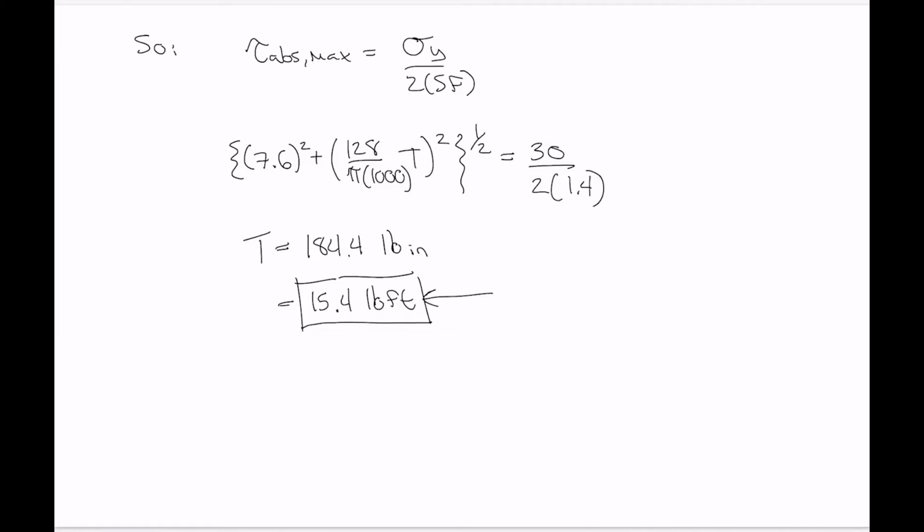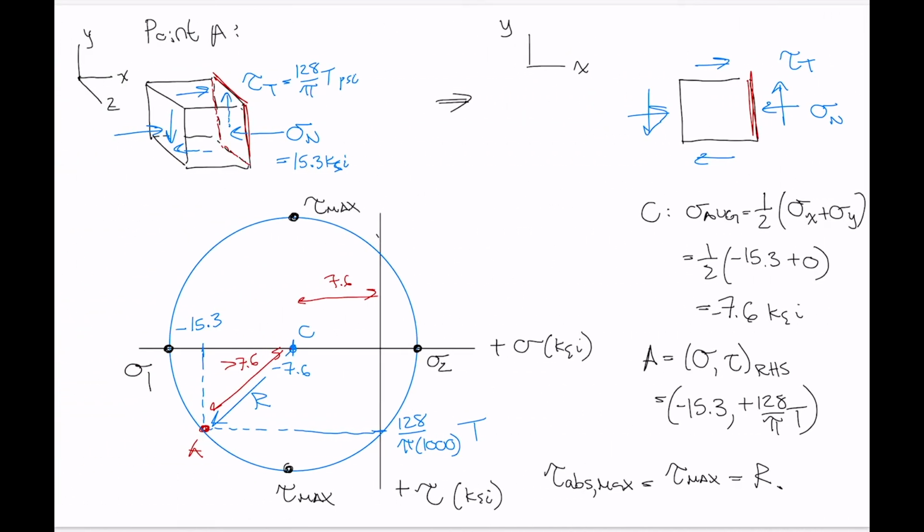Okay, so there we go. That's the maximum torque that we can apply for a safety factor of 1.4. Just looking back, this was a case where our principal stresses had opposite signs.